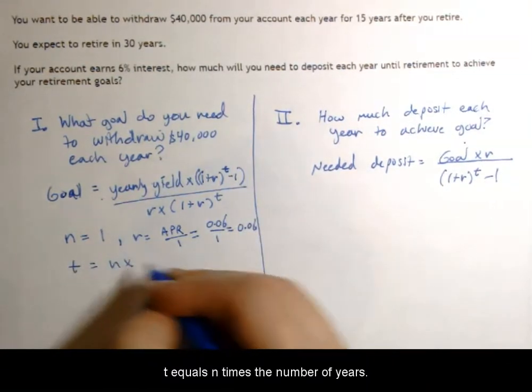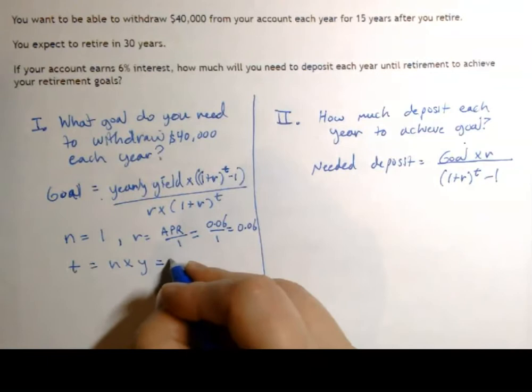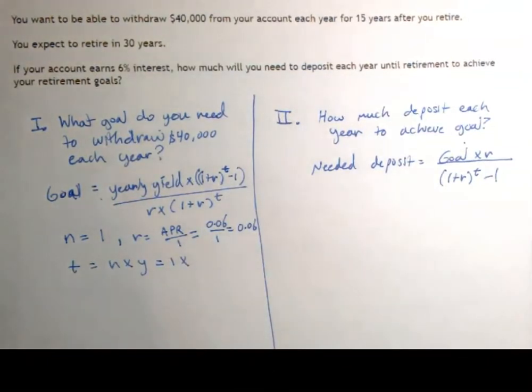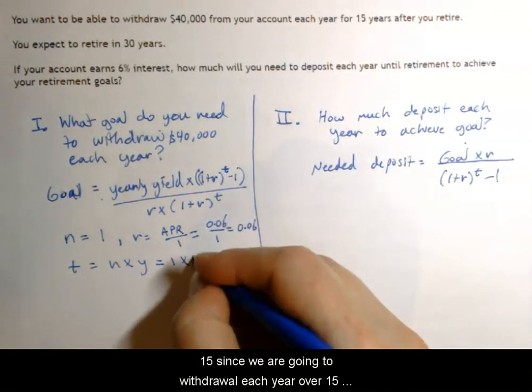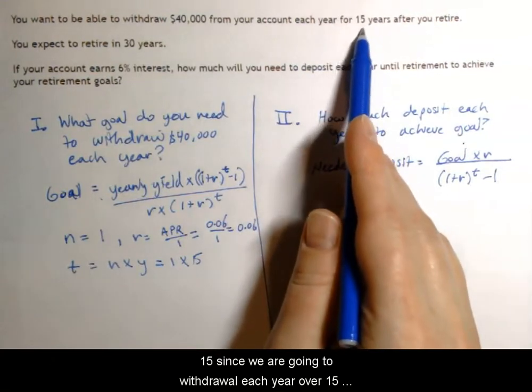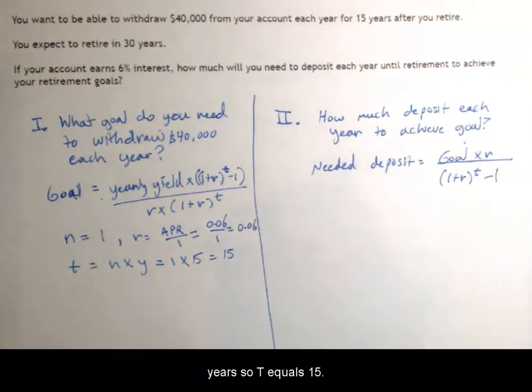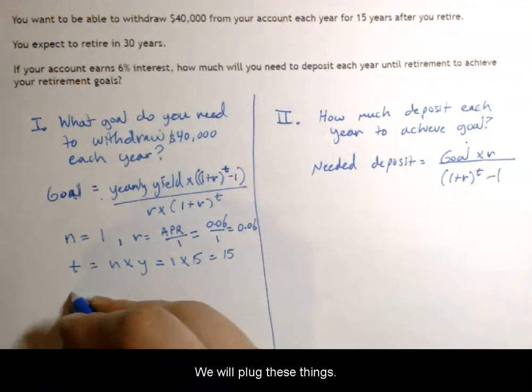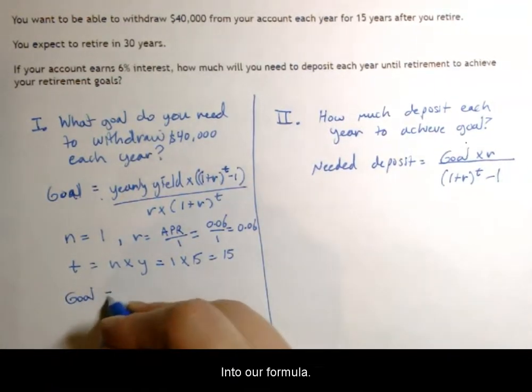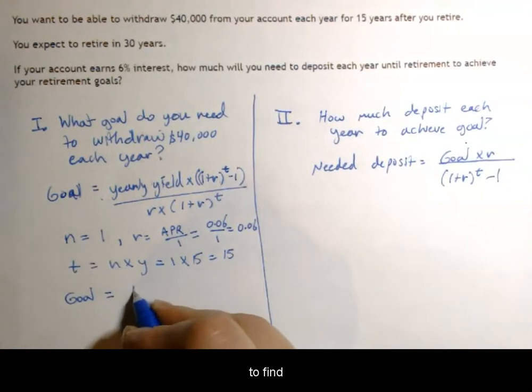T equals N times the number of years, 1 times 15, since we are going to withdraw each year for 15 years. So T equals 15. So we'll plug these things into our formula to find our goal.